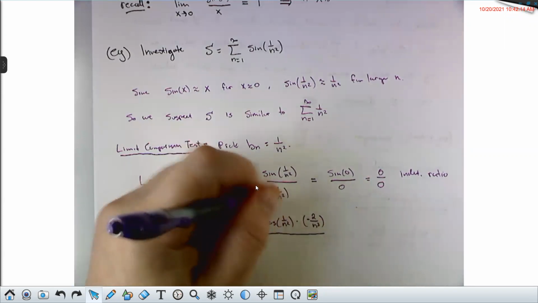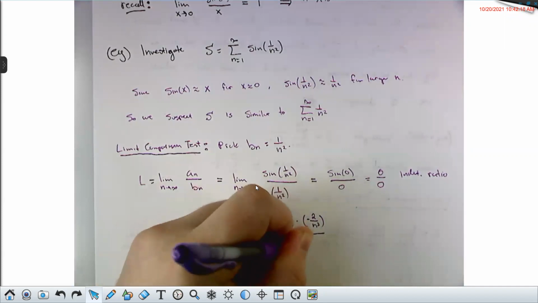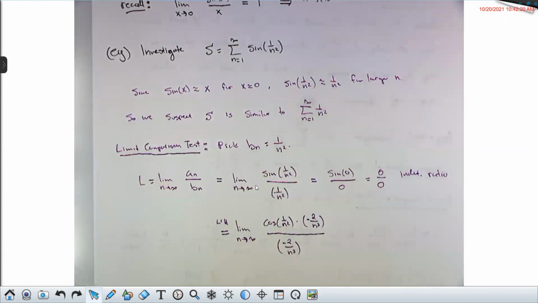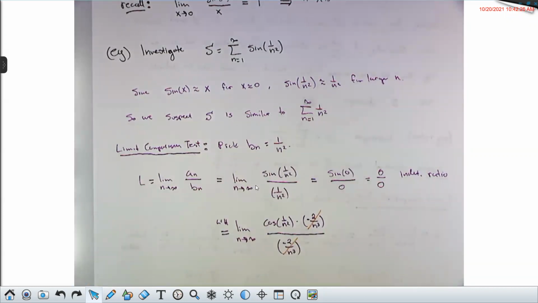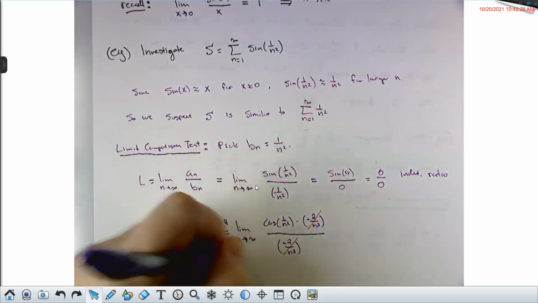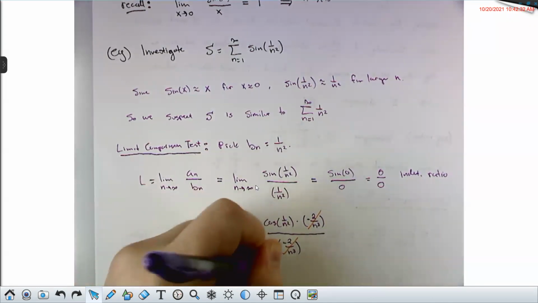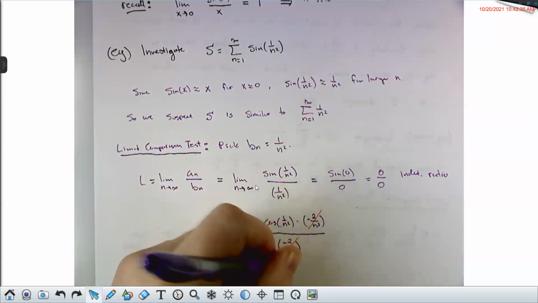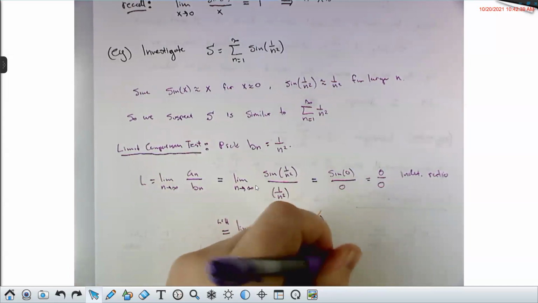And then that same thing shows up down here. The derivative of 1 over n squared is negative 2 over n cubed. And I can cancel those. So I get the limit as n goes to infinity of cosine of 1 over n squared, which is the cosine of 0.